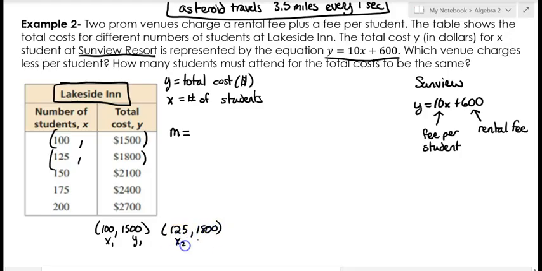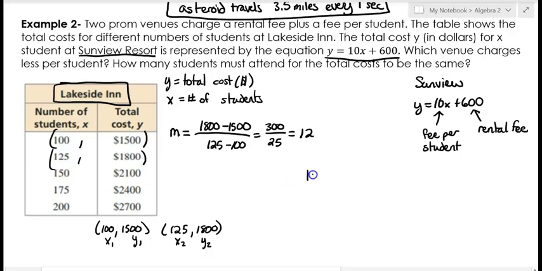That's just something you can do if it helps you keep everything straight. So to find the slope, we're going to do y2 minus y1 over x2 minus x1. So 1800 minus 1500 is 300. 125 minus 100 is 25. And 300 divided by 25 is 12. That means that the slope is 12.